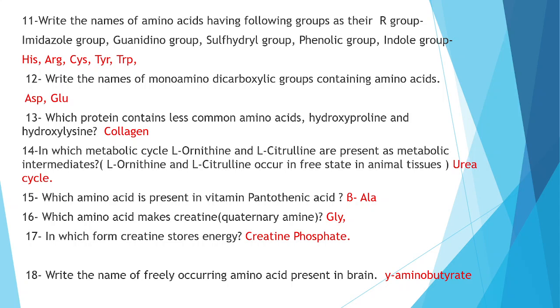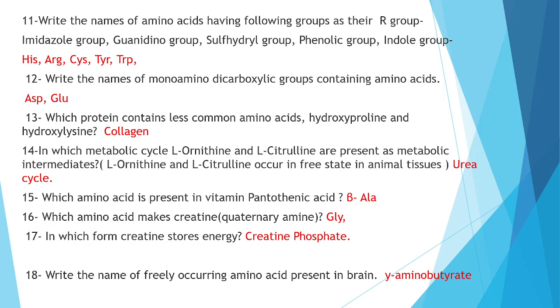and hydroxyproline and hydroxylysine is present in collagen. Again, ये hydroxyproline or hydroxylysine don't generally make proteins. So these are not included in magic 20, that is 20 amino acids. Urea cycle is the metabolic cycle in which L-ornithine and citrulline are present as metabolic intermediates.